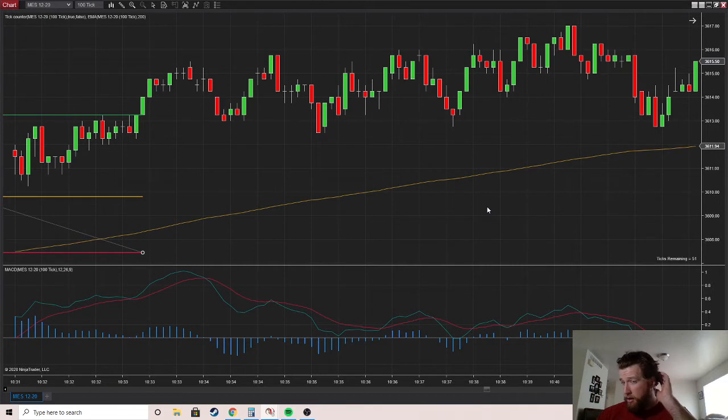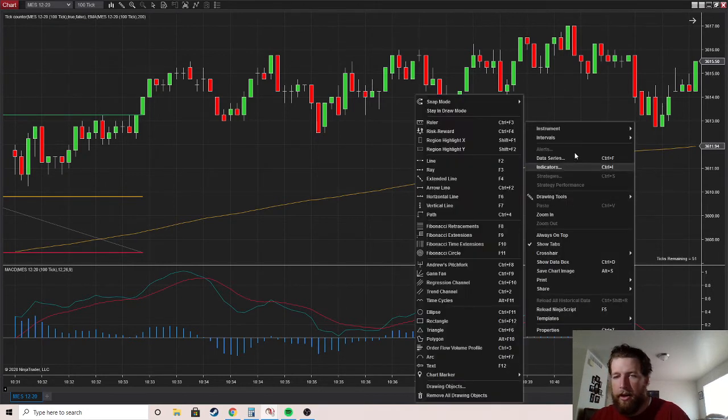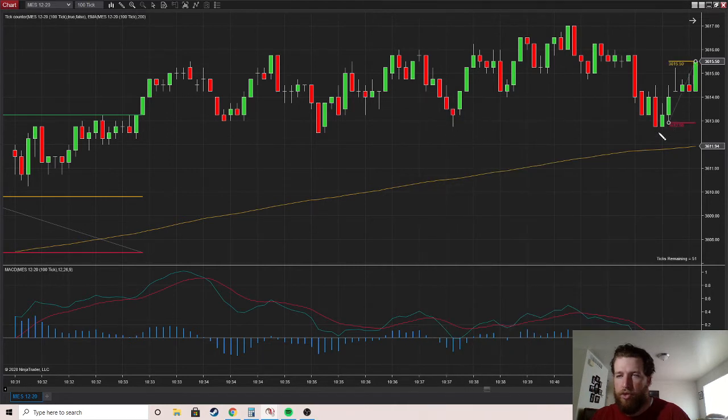Okay. Let's go long here. I think one of the rules is you're not supposed to take a trade at one of these large moves. What is considered a large move?